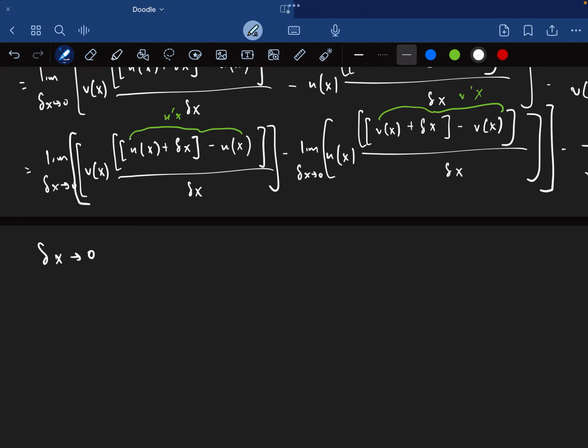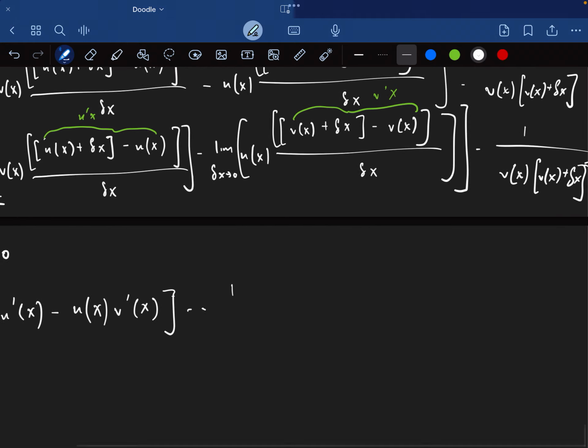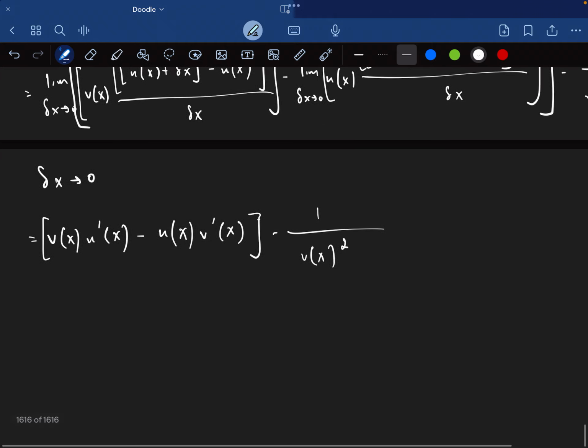So it actually becomes just v(x) u'(x) minus u(x) v'(x). And then this is the one at the front. Don't forget the one at the back, where it's just v(x) squared, because this delta x is 0.